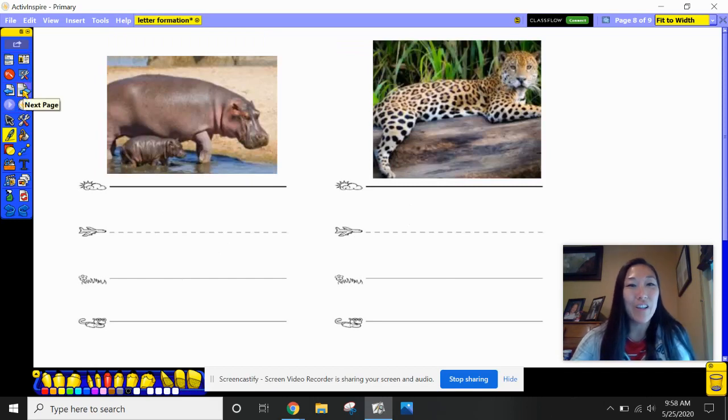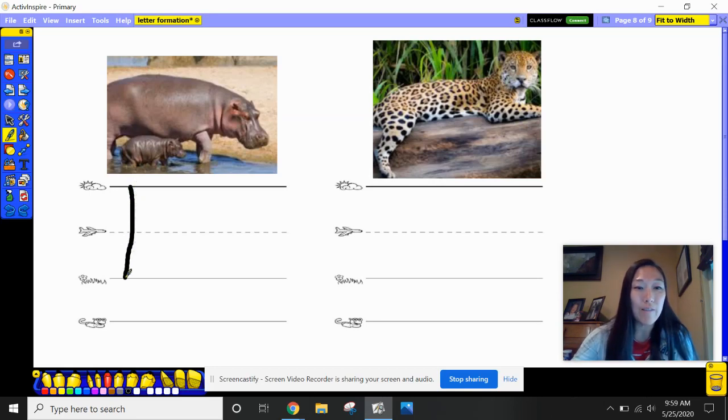All right. Now we have these creatures here. Does anyone know what this is? These are hippopotamus. All right. We have a mama hippo and a baby hippo. Hippopotamus starts with H. So let's write the uppercase H. You're going to start with the skyline, go down to the grass line, and then you're going to make another one starting at the skyline, going down to the grass line, crossing at the plane line.